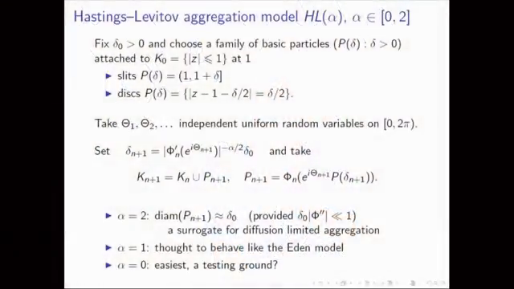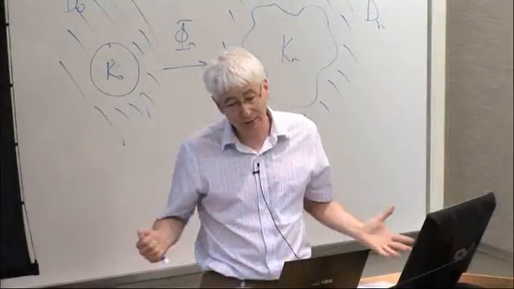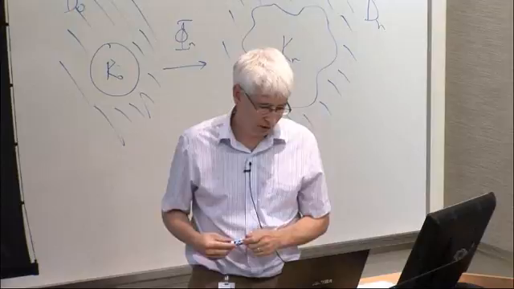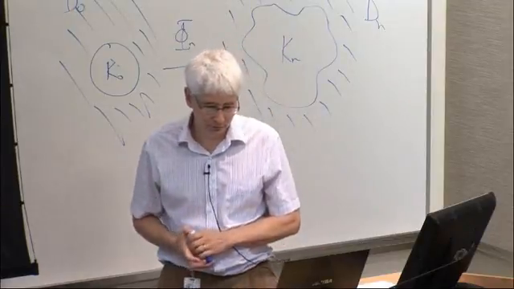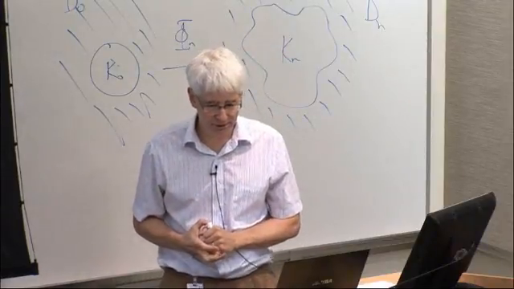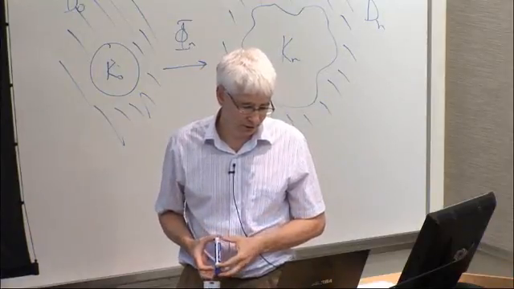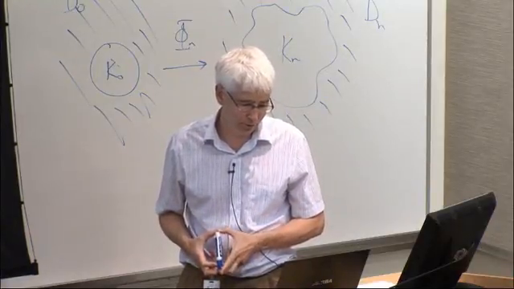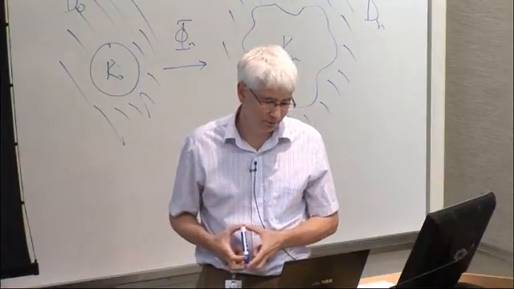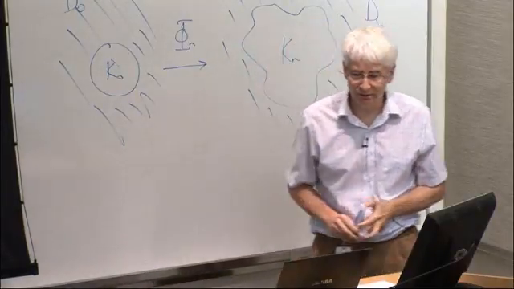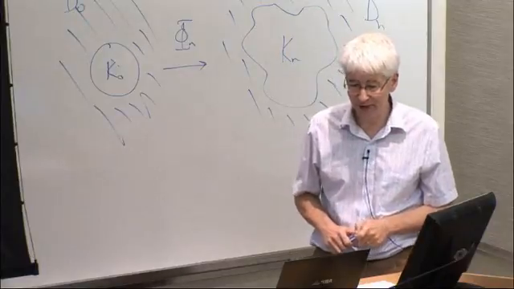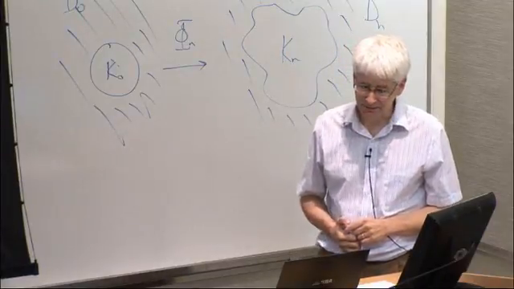All right, so this slide describes a big family of models. We were discussing just before the talk that, in some sense, there is prior work on this family, not all of it published, by Carleson and Makarov, but the names which have become associated with the family of models are Hastings and Levitov.